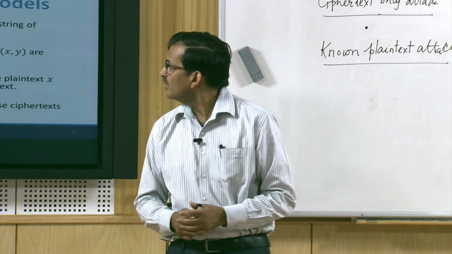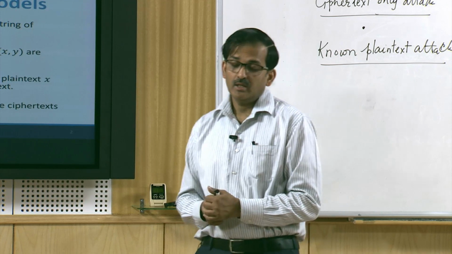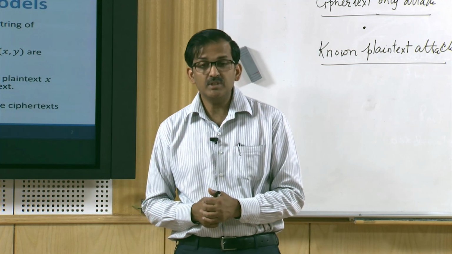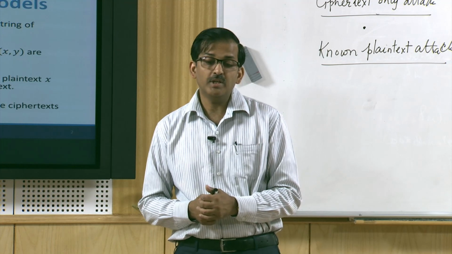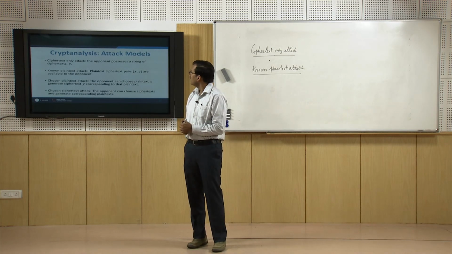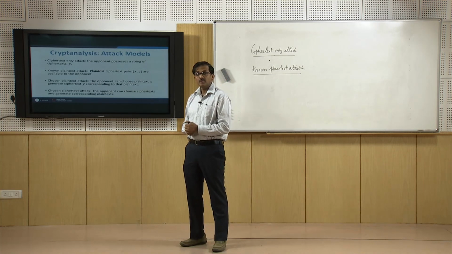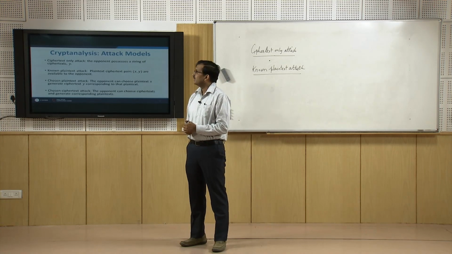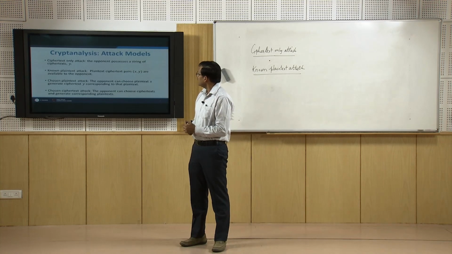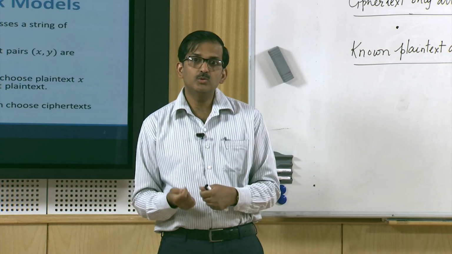This is the known plaintext attack, and we would definitely like our crypto system to be resistant to it. Now, there are certain other attacks which are also feasible. One is the chosen plaintext attack, where the attacker has the ability to choose the plaintext.